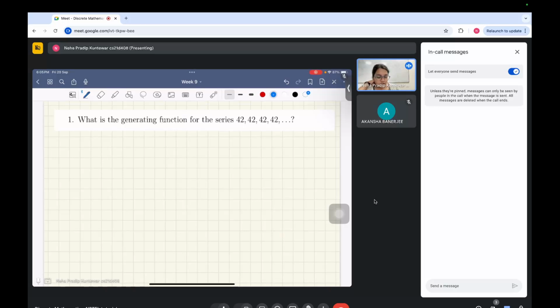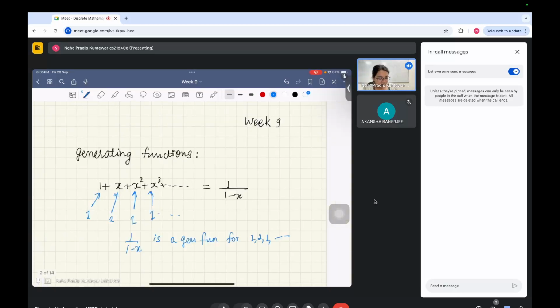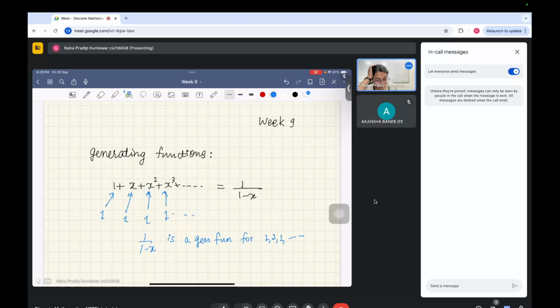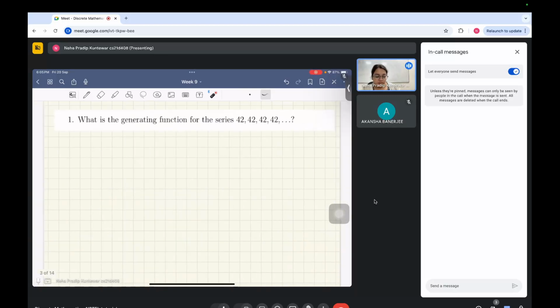You have this series 42 42 42 and so on. Earlier you saw that this 1 1 1 1 and so on can be generated using this function. So similarly, can you find a generating function for this series?